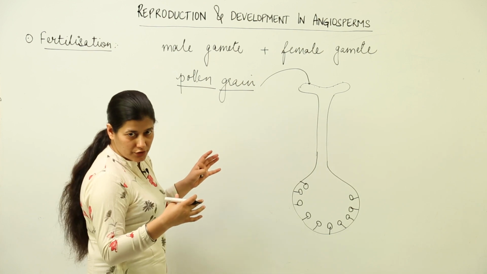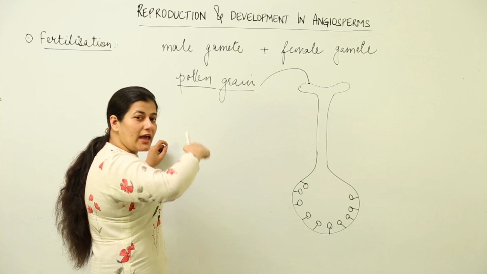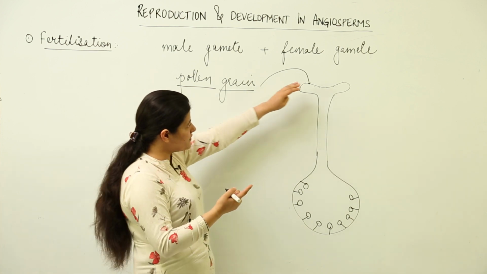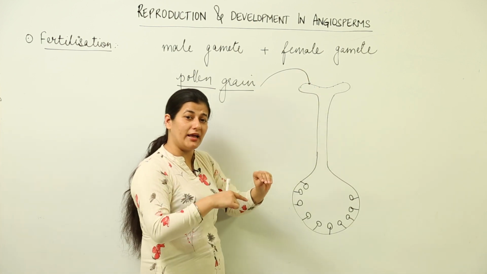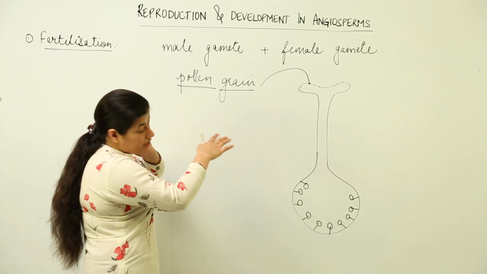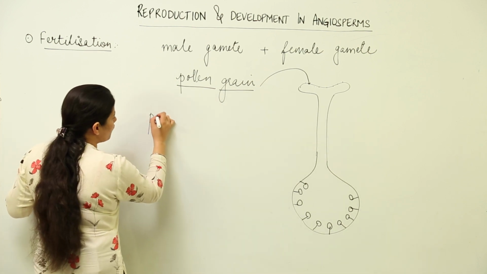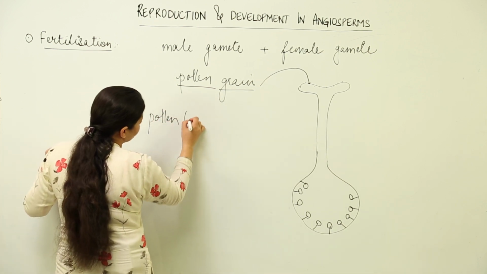which we have studied, the structure of an anatropous ovule, what it looks like? It has a micropyle. The gamete has to enter from this region, the micropylar region or chalaza, wherever the entry is enabled. That region is to be reached, and that is done by formation of a pollen tube.